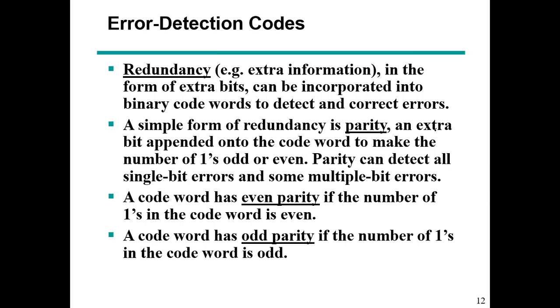Then our discussion of codes is not complete. It is not only that codes are for information representation. That is not the only purpose of codes. The purpose of codes is also to detect errors. When you are transmitting data, for example, when two devices are communicating with each other, during transmission data can be corrupted.